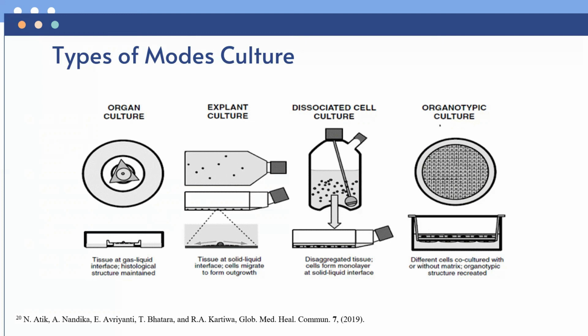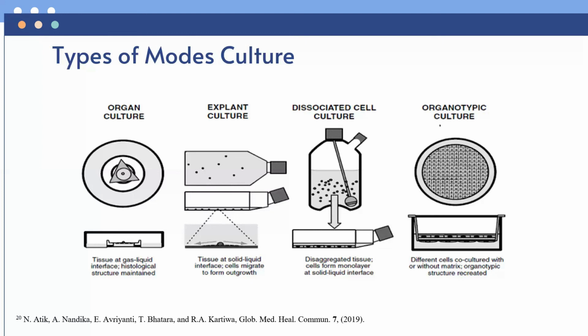The next figure is dissociated cell culture. Dissociated cell culture is a stirred vessel with an enzymatic disaggregation generating a cell suspension, seeded as a monolayer in the lower diagram.